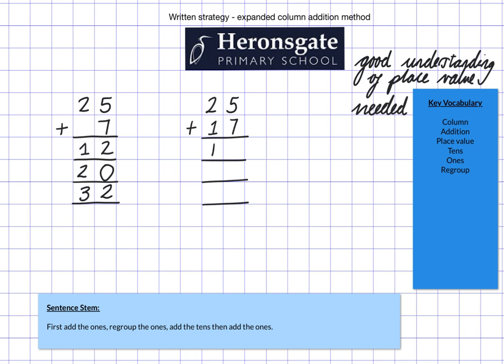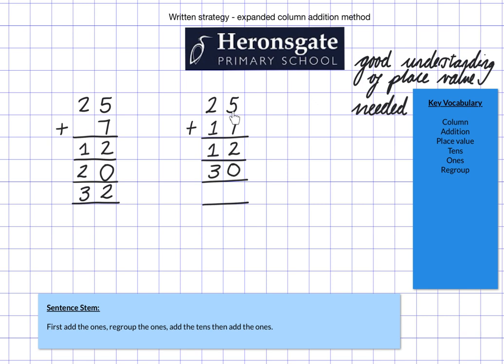So 12 ones is 1 ten there, 2 ones there. Now I need to add my tens. So I can see that I have 2 tens, add 1 ten. So 2 tens add 1 ten is 3 tens. 3 tens is 30. So that goes in my next layer.